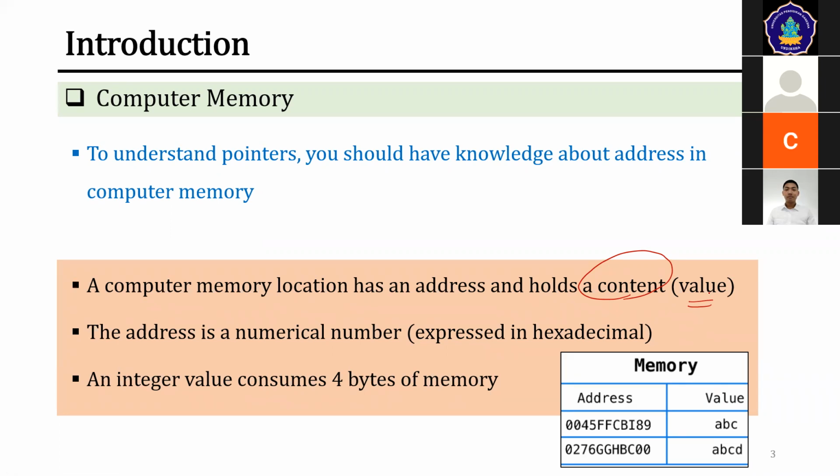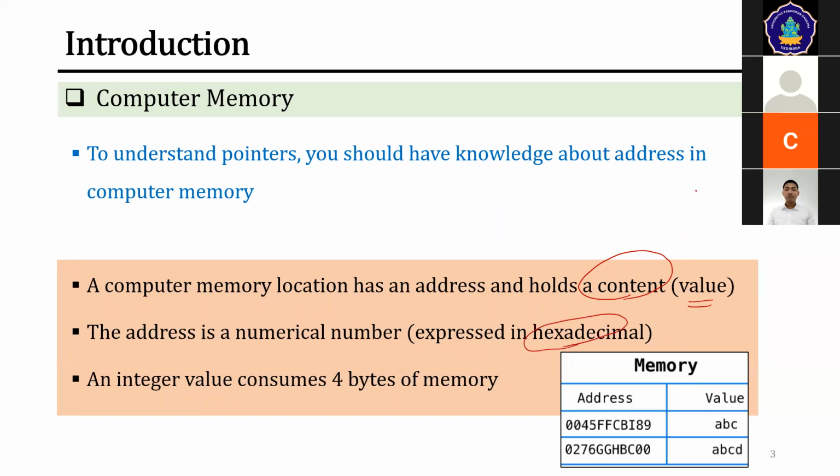Okay. But when we create a variable using integer, for example, integer n here, we just use the name of the variable, and then we can manipulate the data, the value that is stored at that location. And normally the address is a numerical number, which is expressed in hexadecimal. Okay, this is base 16, right?